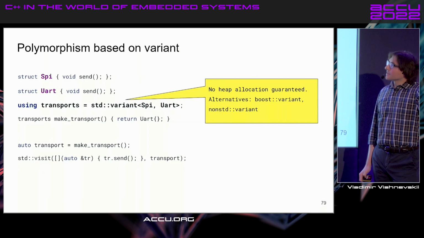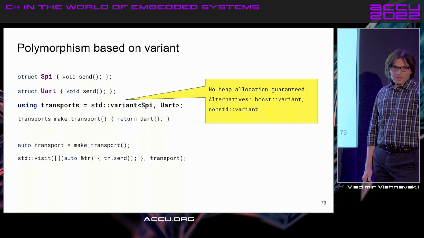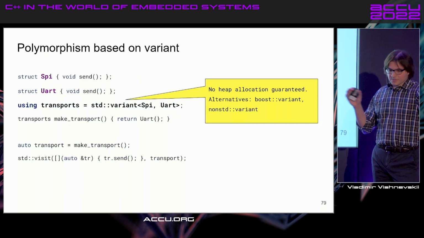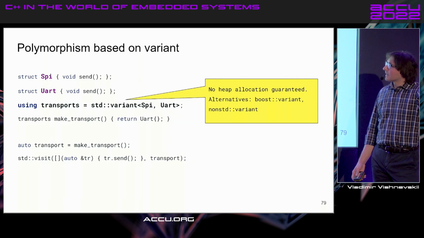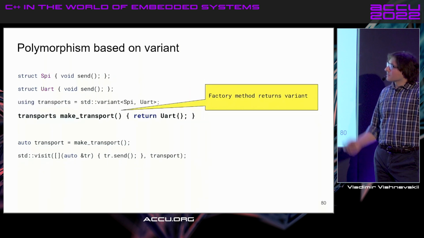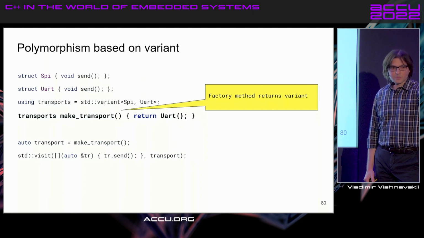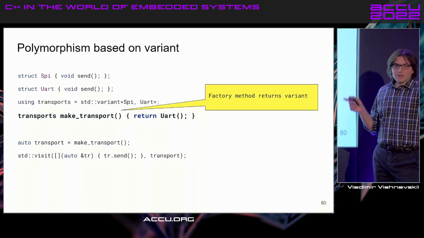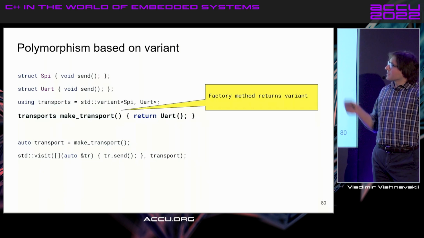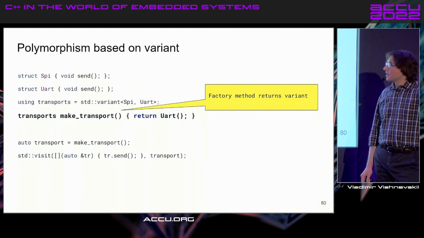Let's assume that we have two different types of transport, SPI and UART. These are just low-level protocols, and we have a factory method that can return either SPI or UART transports. It returns a variant that can store either SPI or UART structures, and they have a send method.